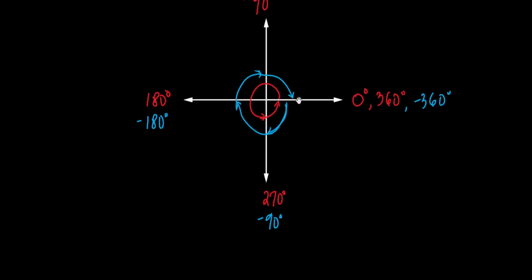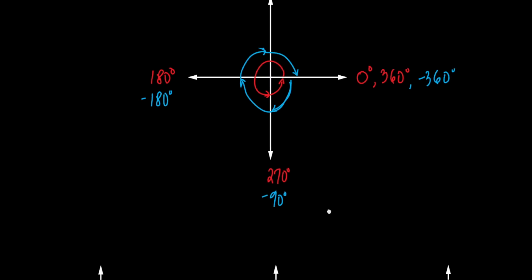I always started at that positive x-axis. Okay, that would be my initial side. So you could go counterclockwise or you could go clockwise, all right, depending on how you want to get to your angle, what you want to call it, and all that kind of stuff. So that's my initial side. If I put an angle, let's say about right there.